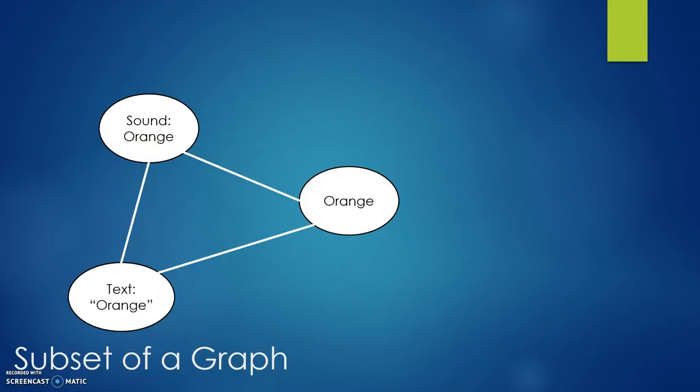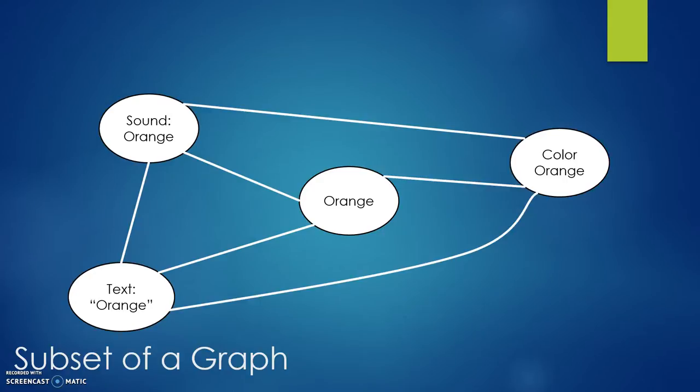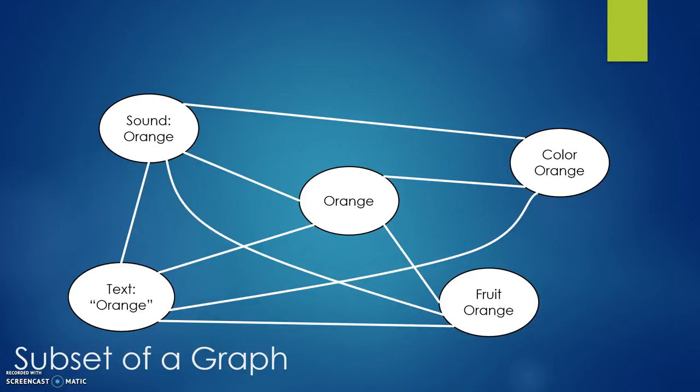Now, whether you read it or heard it or both, one thing that some people may have thought of is the color orange. And so what I'm showing here is the connection from either hearing it and thinking of the color, or reading it and thinking of the color. A connection can be made between the text and the sound and the color. Some of you may have thought of the fruit.